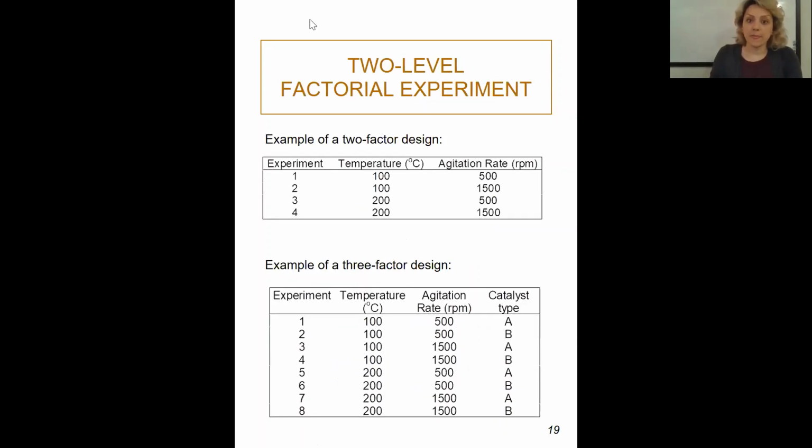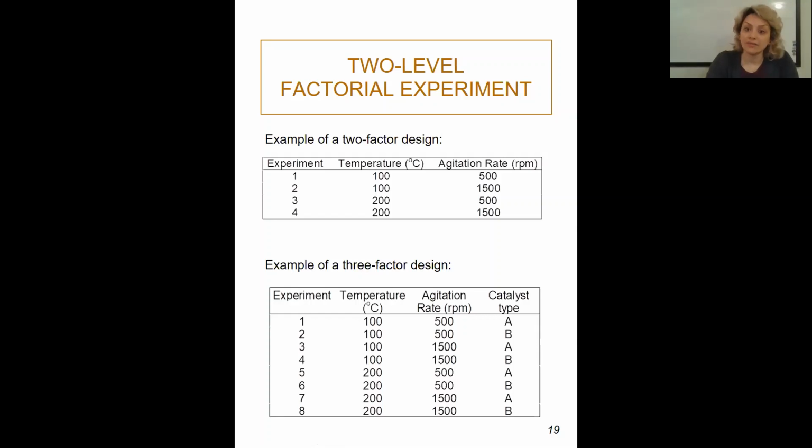Here is a 2-level factorial experiment. Here's an example of the 2-factor design. Look here, we have experiments 1, 2, 3, 4. We have the temperature and the rate in RPM. The temperature is 100 and 200, like low and high.